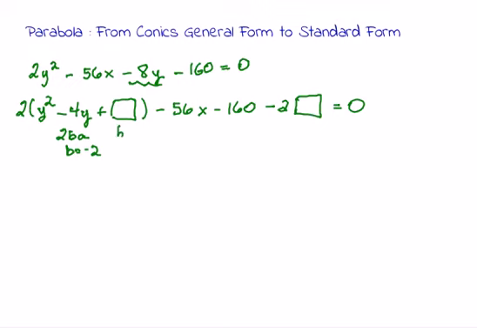So if b is negative 2, then b squared would be 4, and I'm going to put that in both of those boxes. And so now I have 2 times y minus 2 squared. And we have minus 56x, and then this is minus 160 minus 8, so that becomes negative 168 equal to 0.